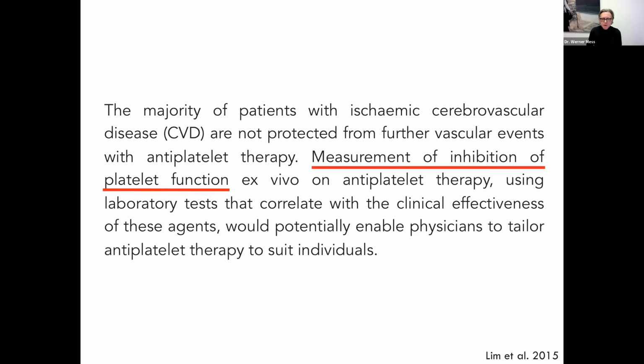The idea is you measure, in this case, the inhibition of platelet function by medication, and then you can tailor the therapy of an individual patient. So maybe somebody needs a higher dosage or a different medicament. You just could measure the effect of the medication. So the question is, isn't that something that we also could do with microembolic signal detection?